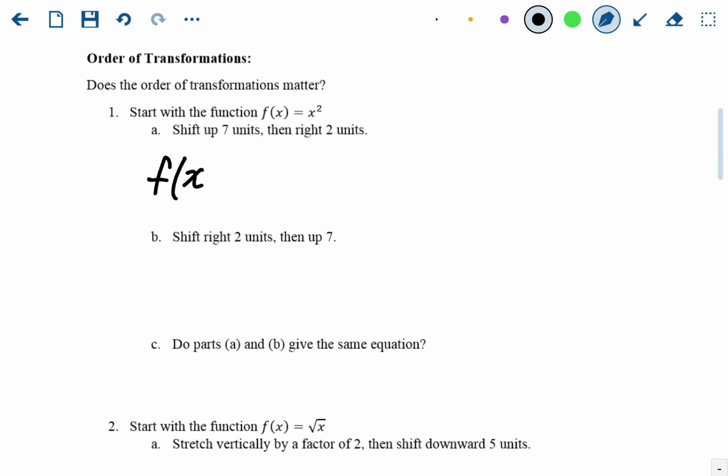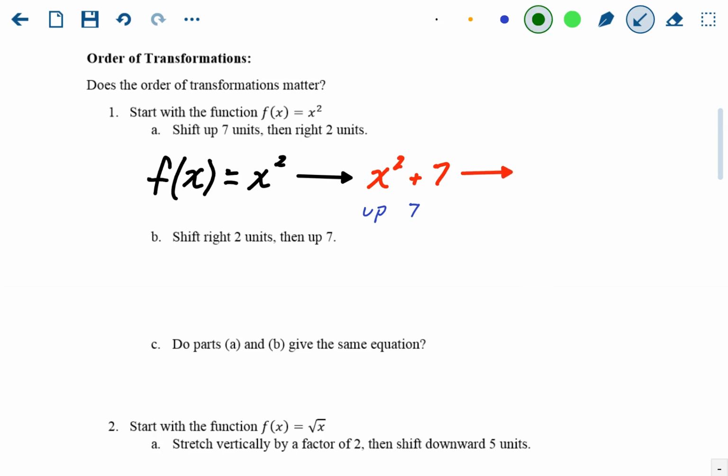So this first one, start with the function x squared, and then shift it up 7 units and right 2 units. So up 7 units, we know the vertical translation is what happens at the end. So up 7 units is going to be x squared plus 7 at the end. And then from there we go right 2 units.